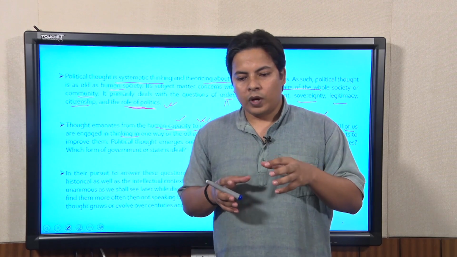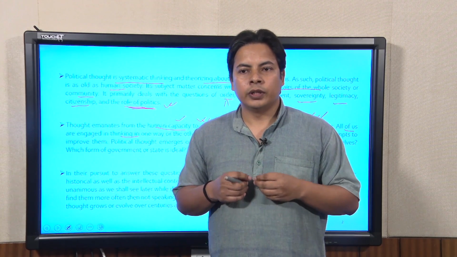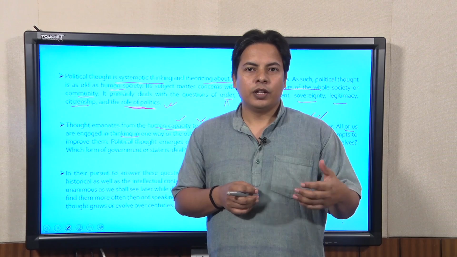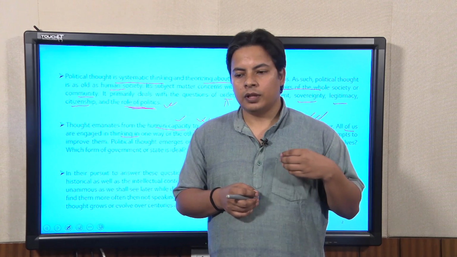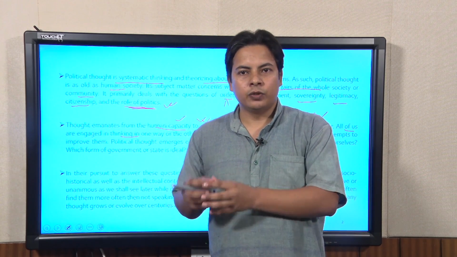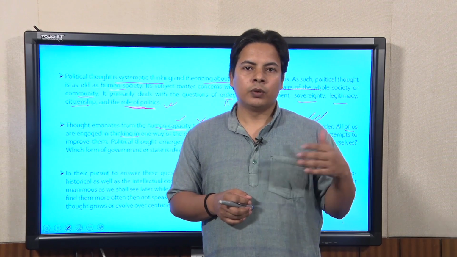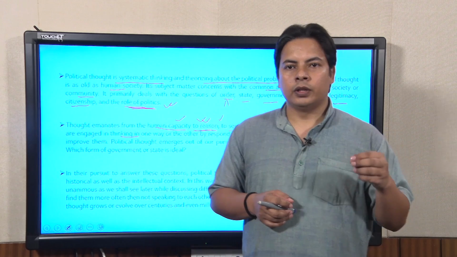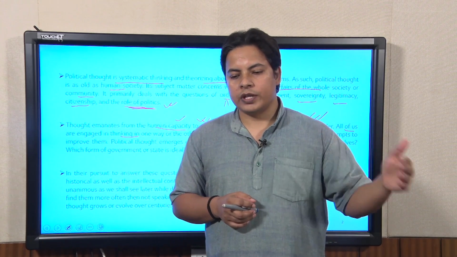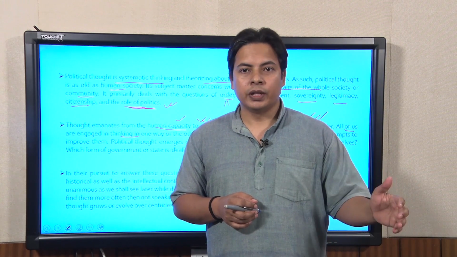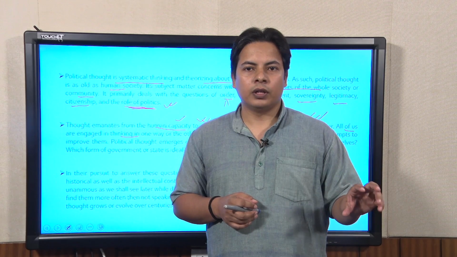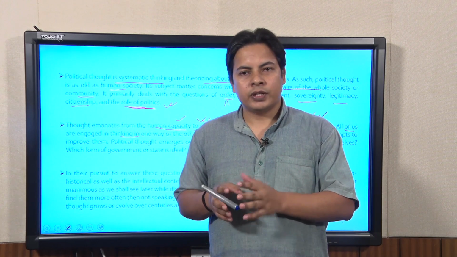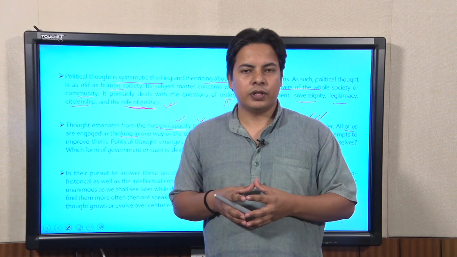But what makes us read these classics is their timelessness, their relevance even today. So, Plato wrote in the classical time in the 3rd or 4th century BC Greece, but his treatise on the Republic makes sense even in the 21st century.